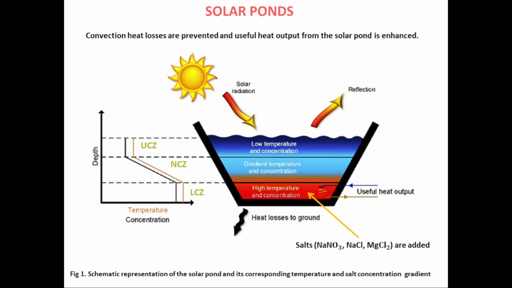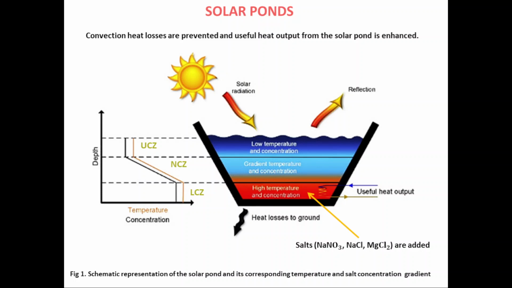If the density is increasing, it will actually prevent convection from happening. So even if the solar radiation is falling, the density difference will not be sufficient for the hot water that gets heated up at the bottom of your pond to come up to the surface, as seen in the case of normal ponds.